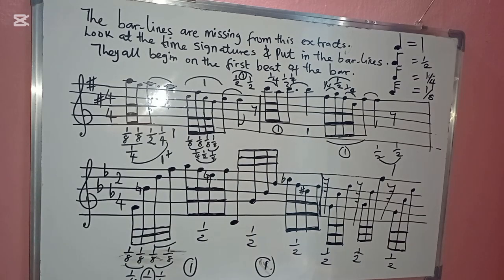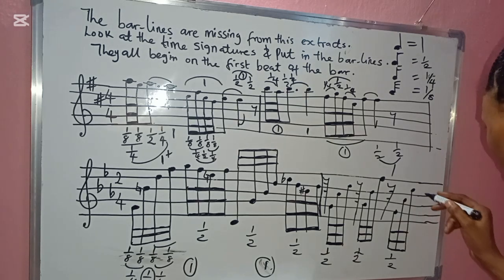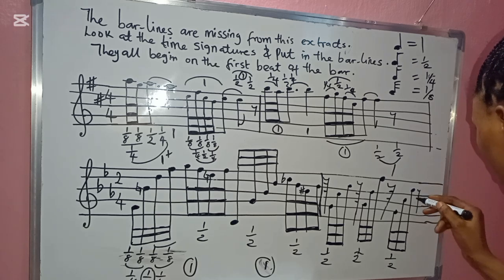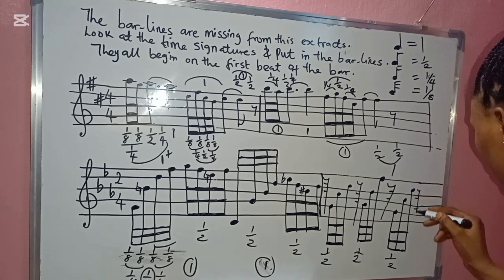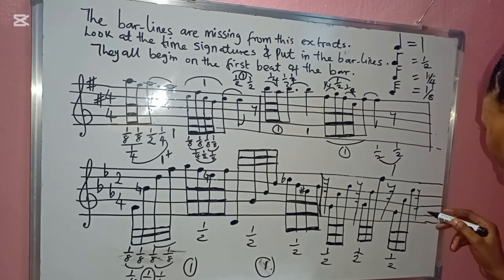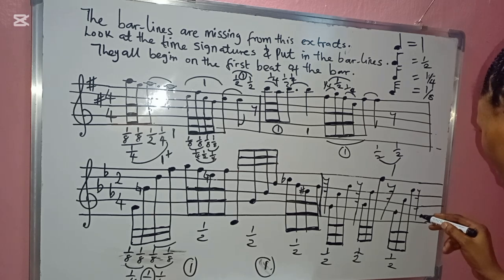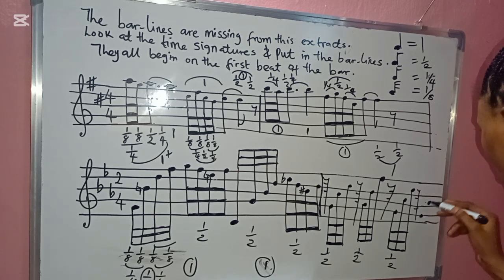Let me try to create a space and put 1 more, which we can have something like this. Okay, maybe I can put another rest here, and then I can put more notes. I'll put 3 notes here.